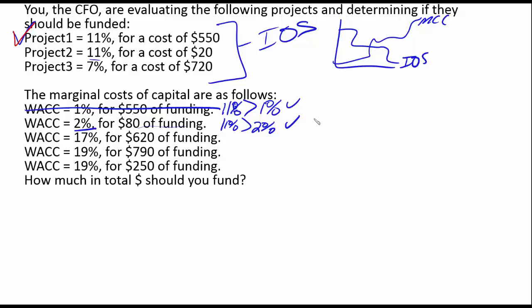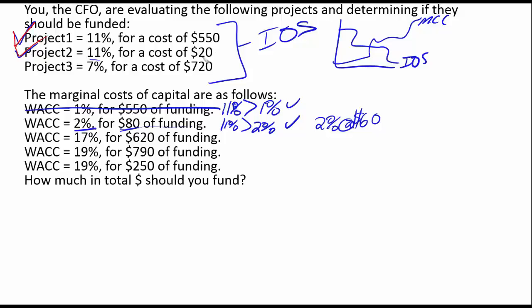Okay. So can this $20 get funded at 2%? Yes, it can because there's 80 available and we only need 20. Okay, so project 2 is going to get done. Check. And as we're working through this, we still have at 2%, we still have $60 remaining, right? Because of this $80, we only used 20 of it.